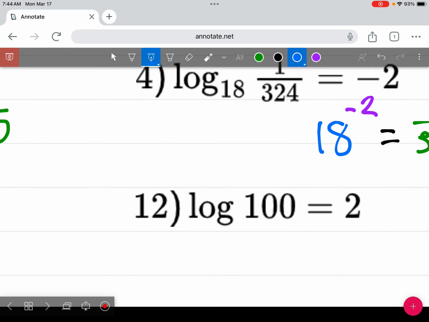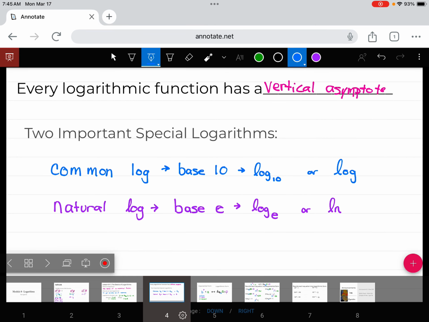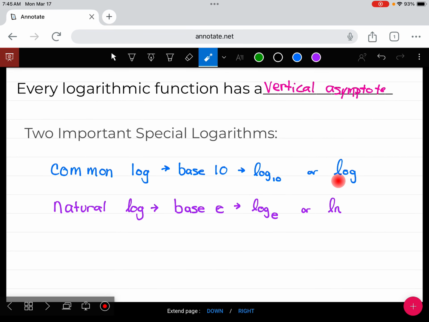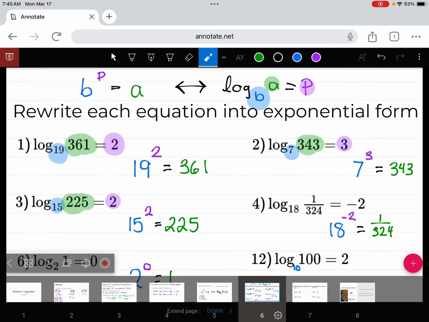If it just says log. 10. If it just says log and there's no little number here, it's an invisible 10. Because that's called the common log. It's this guy over here. So if it just has log, no base, it is the same thing as log base 10 because mathematicians are extra and like to make things complicated for absolutely no reason.